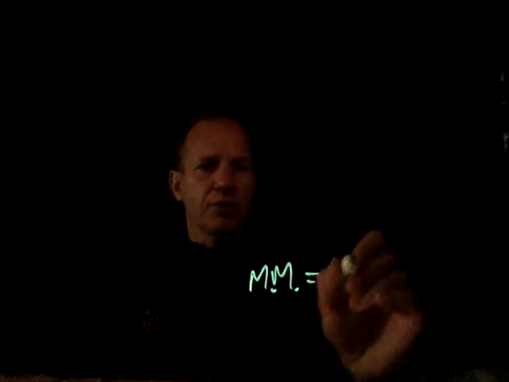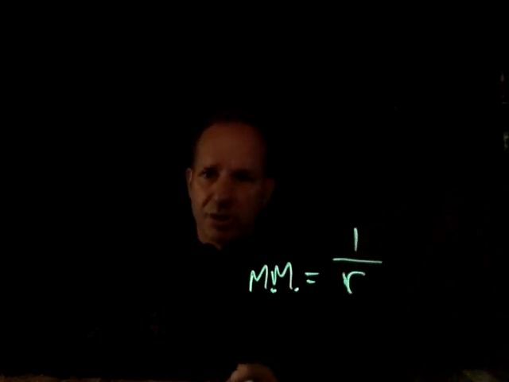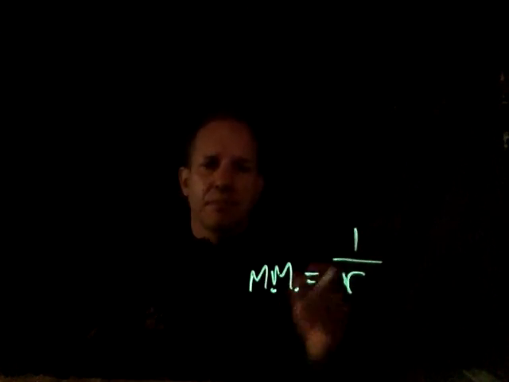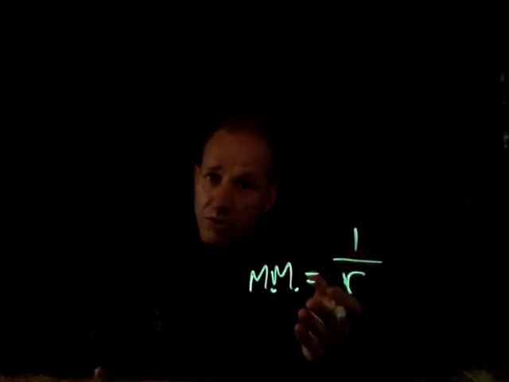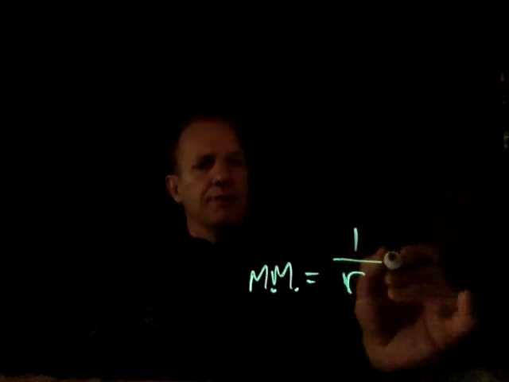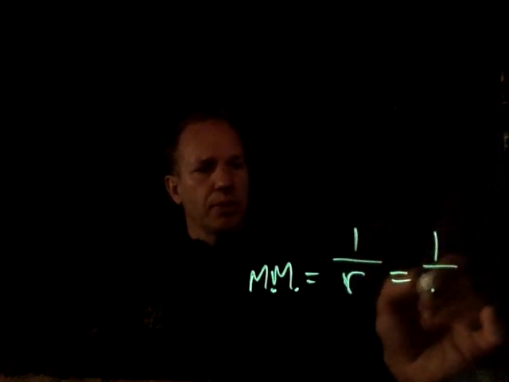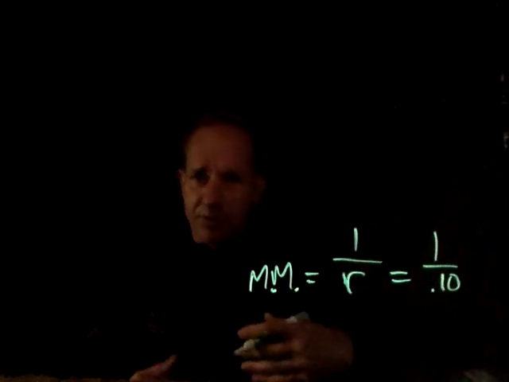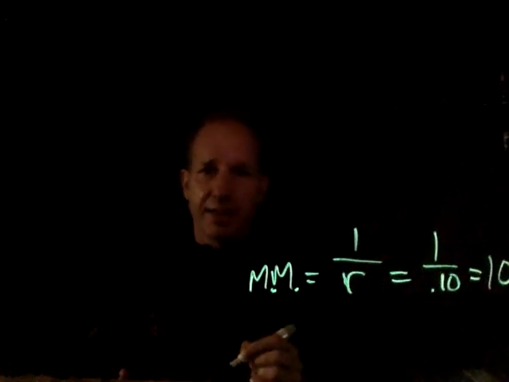The money multiplier is equal to 1 over R, where R is the reserve requirement of the Federal Reserve. Most of the time, as a rule of thumb, that is 10%. Now, it is a tool of the Fed. They could change it. But that is usually 1 over 0.10, representing 10%. So that would mean that the money multiplier is 10.